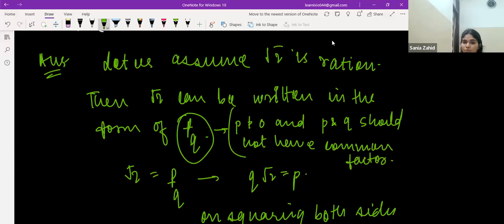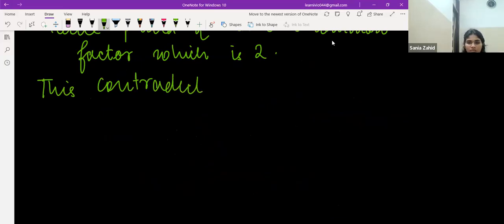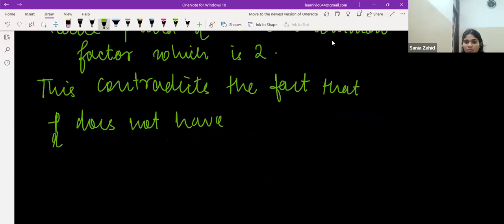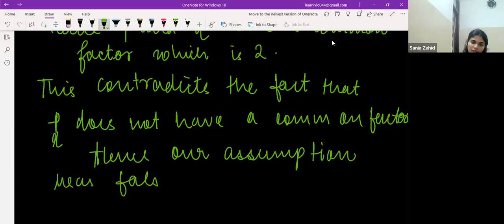But now what we proved contradicts the fact that p by q does not have a common factor, and thus hence our assumption was false, and root 2 is irrational.